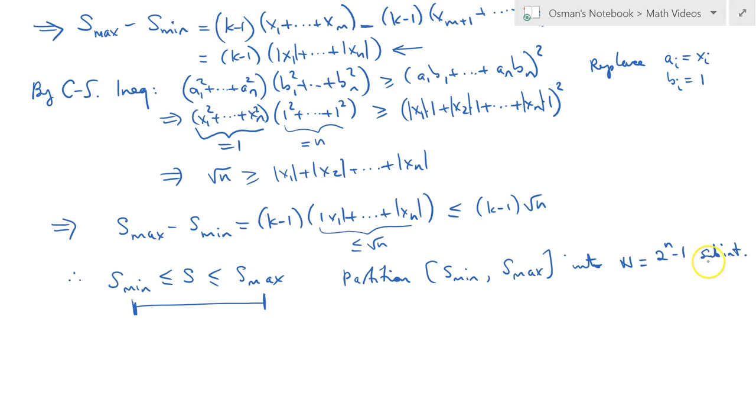Because we are trying to create this many subintervals, each of the intervals in the partition has length, as we described earlier, S max minus S min, after the equal partition, divided by n. Recall how we defined n.